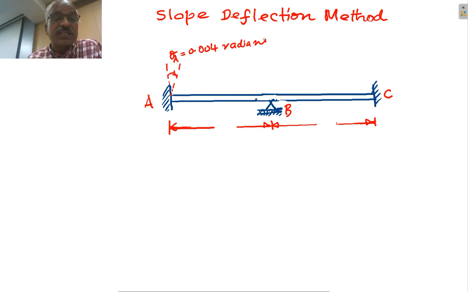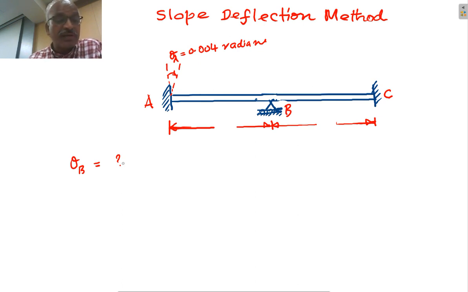Applying the slope deflection method of analysis, determine the slope theta B at B. Theta B is required. Theta A is given as plus 0.004 radians.